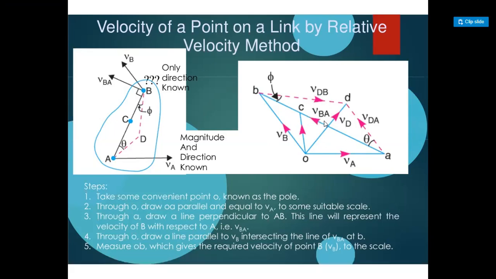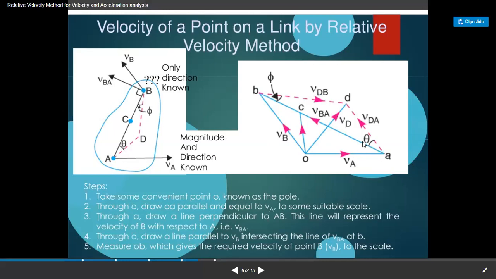Now one question that arises is, if we draw AB, it is directly taken as the velocity of VBA.